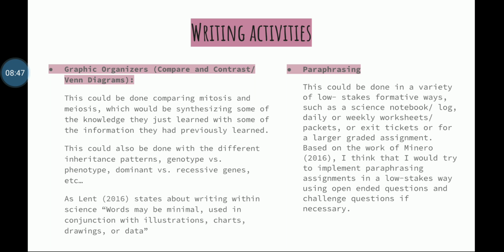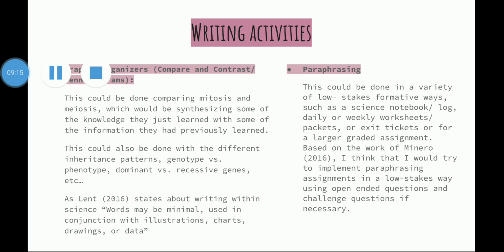And one thing to keep in mind when paraphrasing is using open-ended questions to help the students put things into their own words as opposed to just copying the text or using quotes from it, because we really want them to be incorporating some of the other information that they've learned.